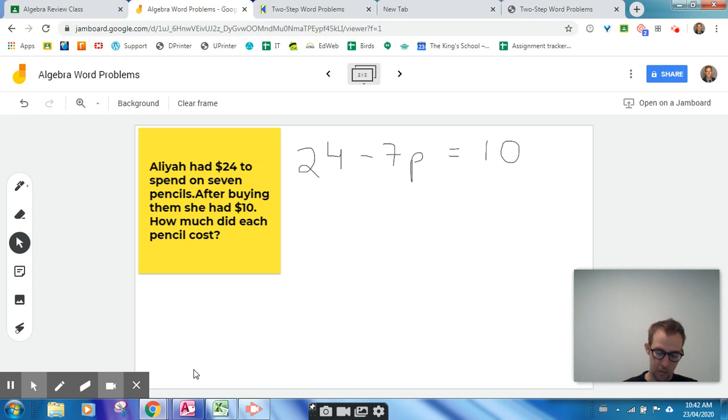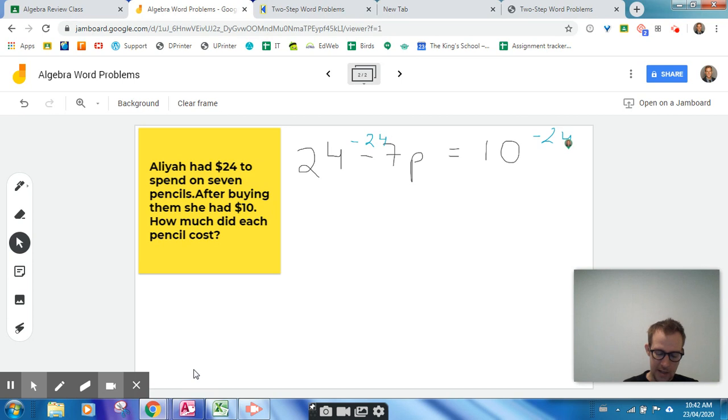Okay, so when we're solving this problem, we've done a couple like this before. We can do it in a few different ways, as long as we remember that whatever we do on one side of the equation, we must do on the other side. So what I'm going to do is subtract 24 from both sides.